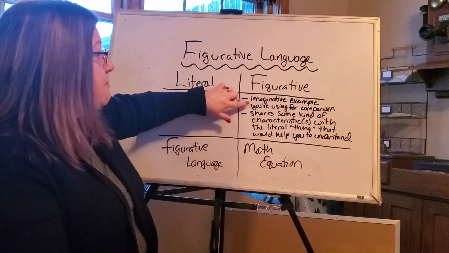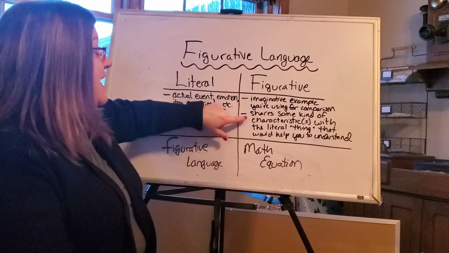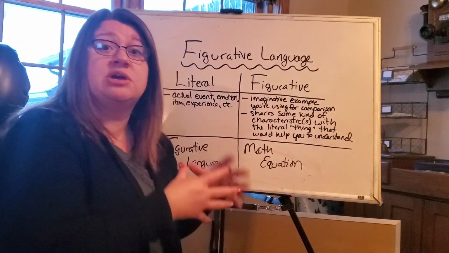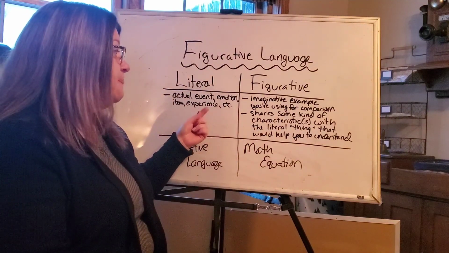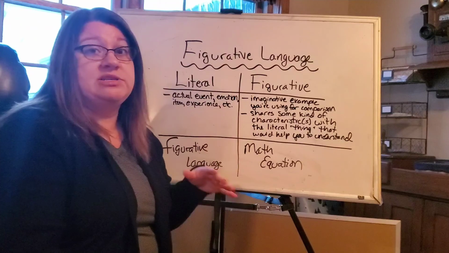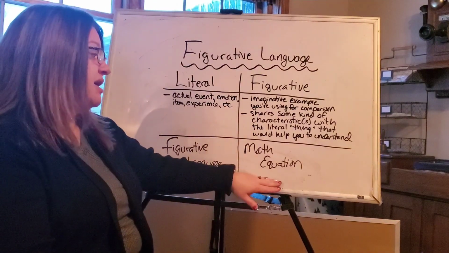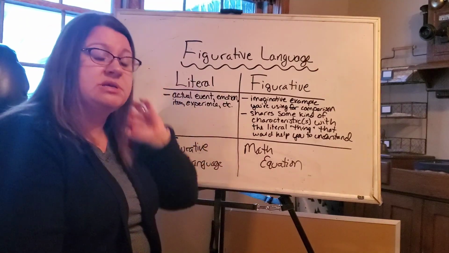So I need to come up with an imaginative example that I can use for comparison. And that imaginative example shares some kind of characteristic or multiple characteristics with this literal thing. So for some of my students, I show them that this is kind of like a math equation, right? A lot of my students tend to be math-brained students.